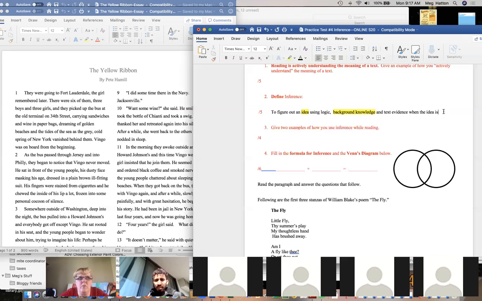But what do we know about inference? Think back to the dog story. Remember the dog story, about my dog? So how did you figure out what it was about? You used your background knowledge and your text evidence, but what didn't you have? Was the idea in the text or not?